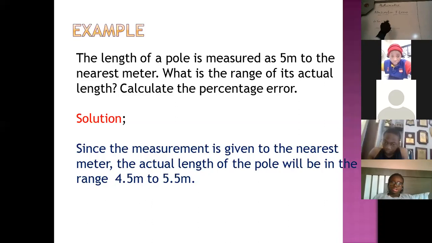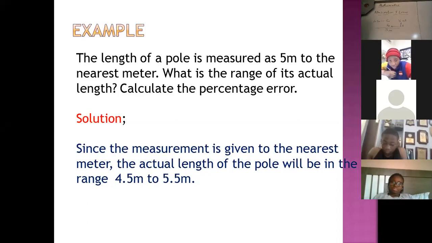Now, this will also be, by right, 5.49, which at the end of the day you round to 5.5. So we're procuring more error. For 5.5, you can also take it down to become 5.